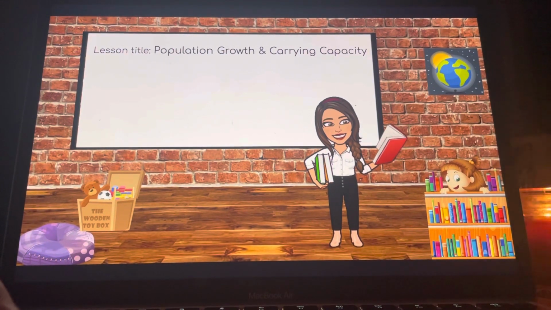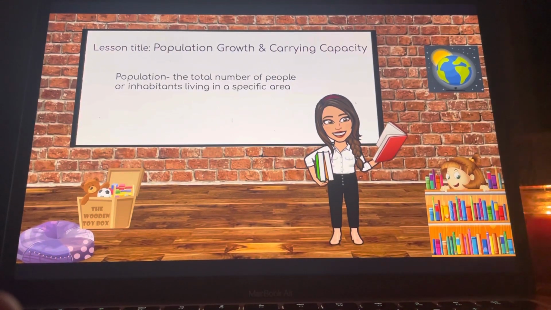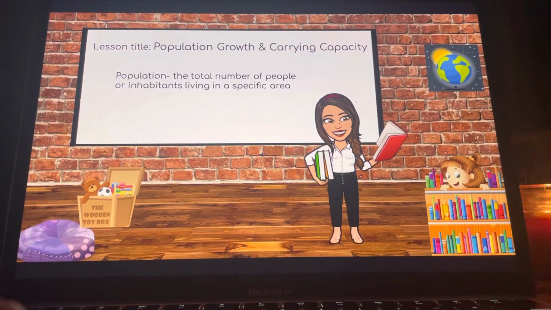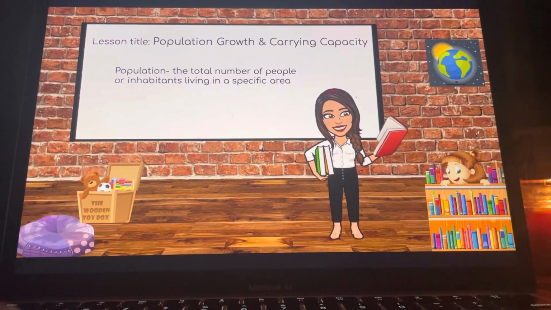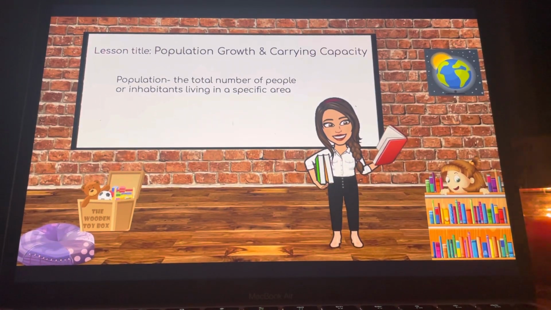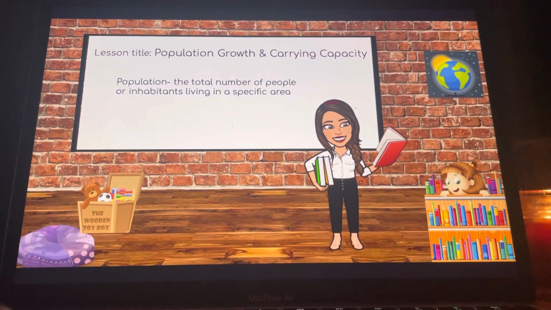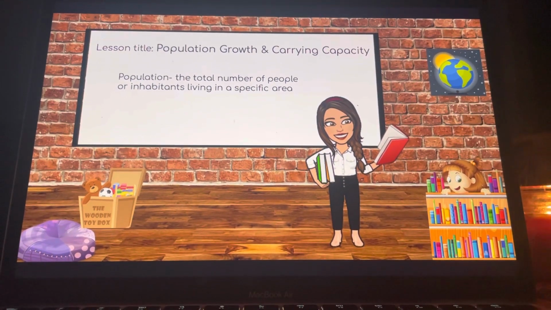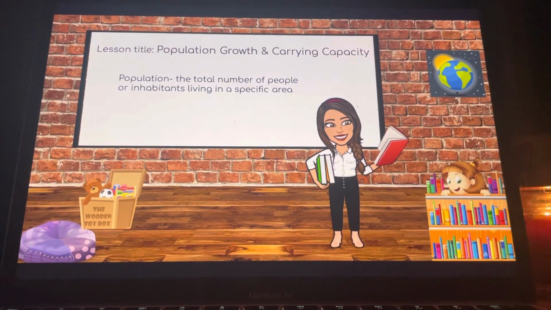To start off population growth and carrying capacity, we are going to go into the basics of population. Population is the total number of people or inhabitants living in a specific area. Inhabitants can also mean animals or living creatures, and areas can range from country, region, or given space.